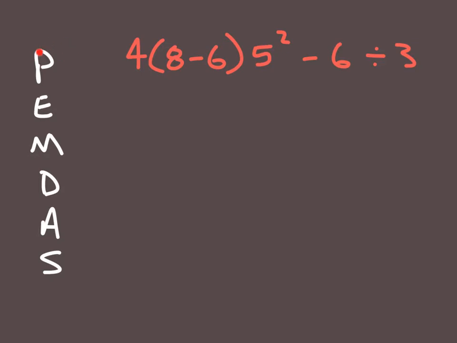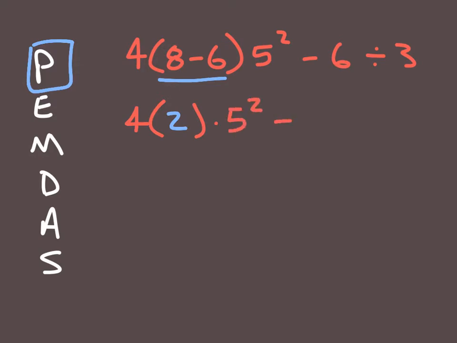I need to start with my parentheses. I want to do what's inside the parentheses first. That's the only operation I'm going to do. I need to drop everything else down. So I've got 4 times 8 minus 6, which gives me a value of 2, times 5 squared minus 6 divided by 3.